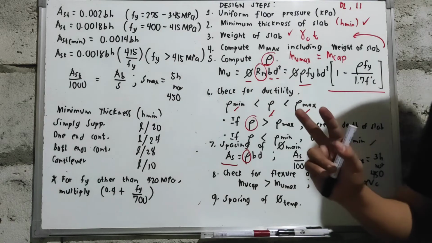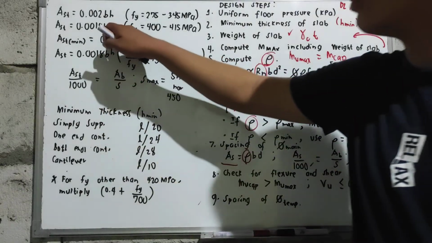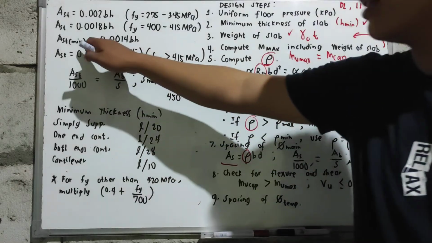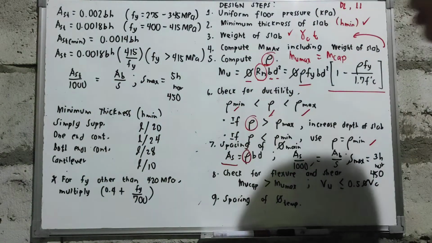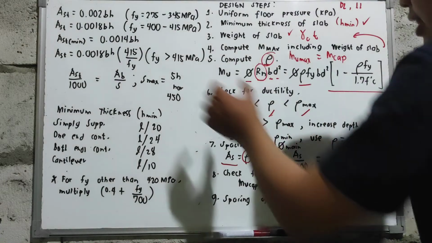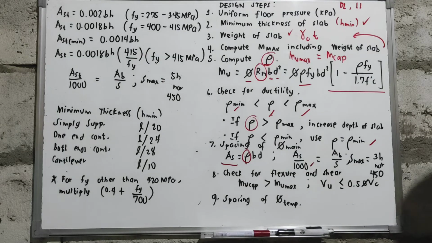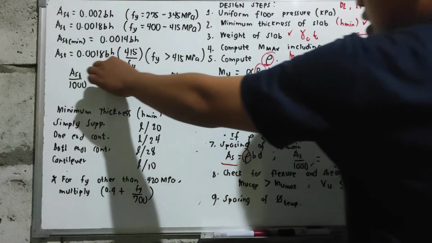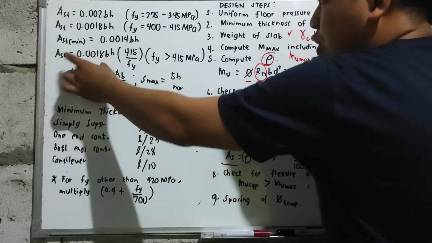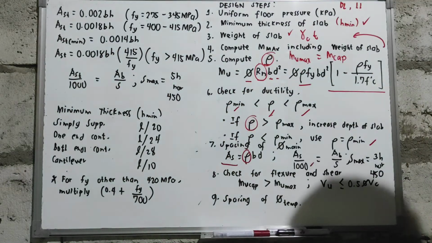And if your Fy is within the range of 400 to 415, this will be the value of your Ast. And we have a value of our Ast minimum, which is equal to 0.0014 bh. Kapag naman nag-exceed yung value ng Fy natin to the value ng 415 megapascal, gagawin natin is, imumultiply lang natin yung 0.0018 bh natin by 415 over Fy.